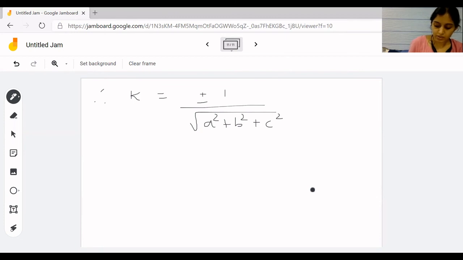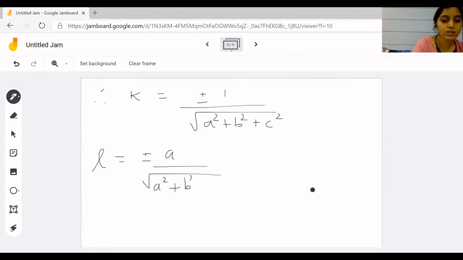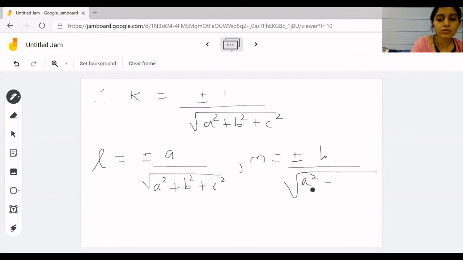If that is K, then we can write L, since L is equal to Ka, as plus minus A upon root of A square plus B square plus C square. M is equal to plus minus B upon root of A square plus B square plus C square.